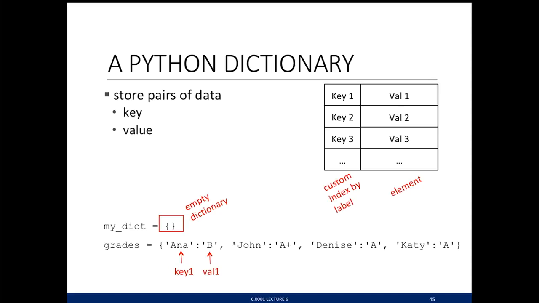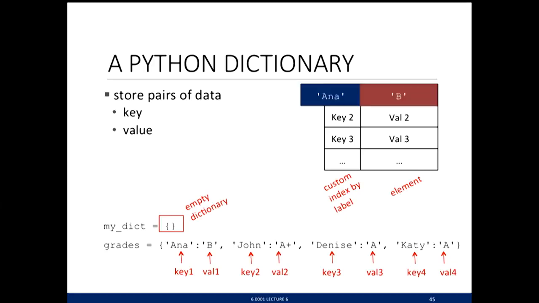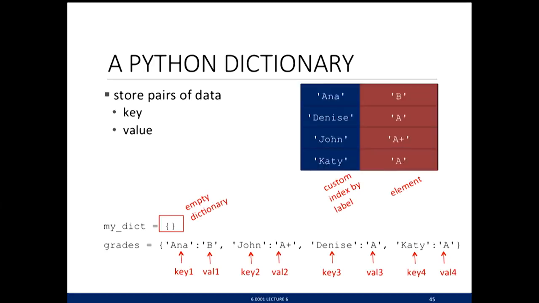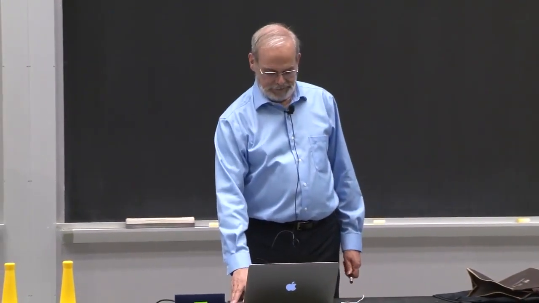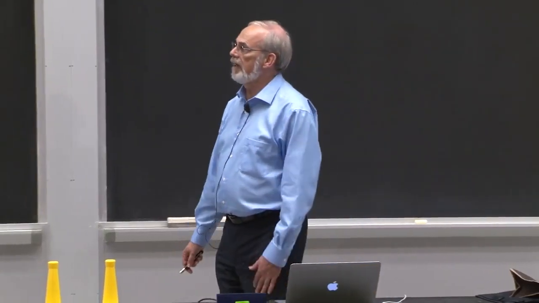In this case, the string Anna and the string B, followed by a comma, which separates it from the next pairing of a key and a value, and so on. And if I do this, what it does in my dictionary is it creates pairings of those labels with the values associated with them. These are pretty simple, but in fact there's lots of nice things we can do with it.